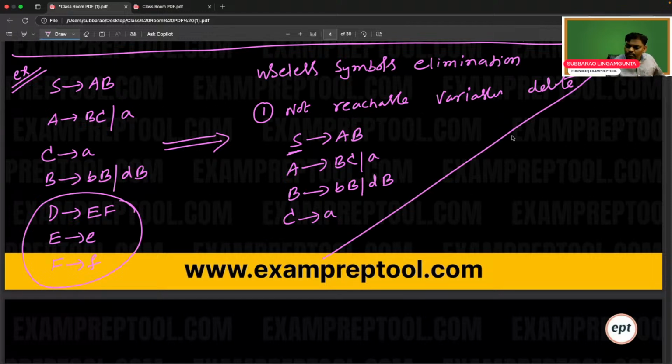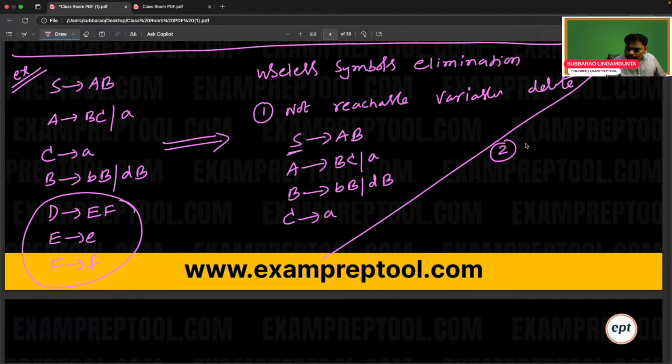Now see the second step. The variables are reachable, but if any variable or production is not generating a string, we can delete it.